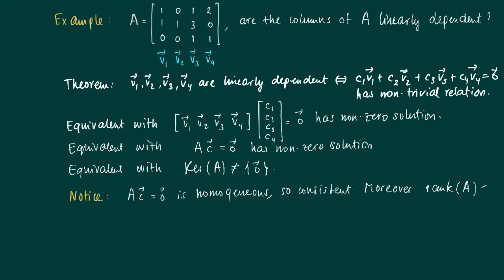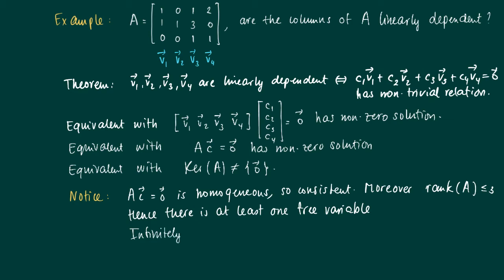So if we look at the pivots by looking at the reduced row echelon form, then we get at most 3 pivots, which means that in a homogeneous system there is at least one free variable. Since we have more columns than we have pivots. This means in particular that we have infinitely many solutions.